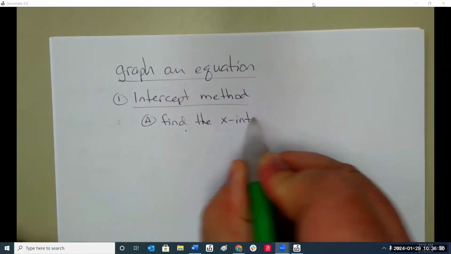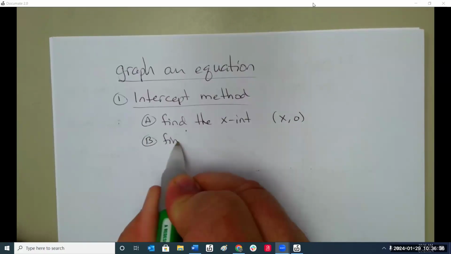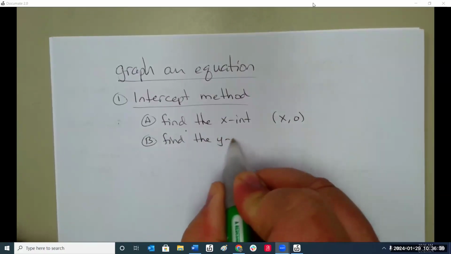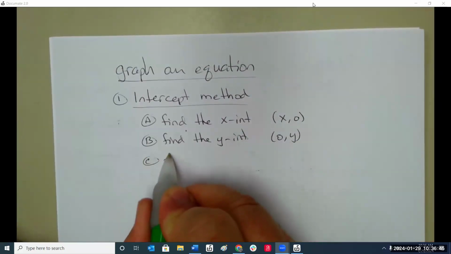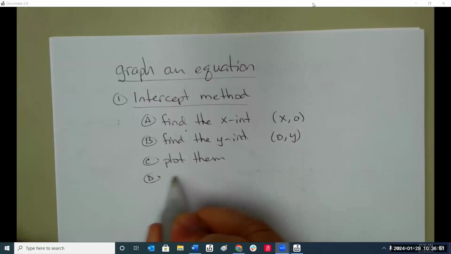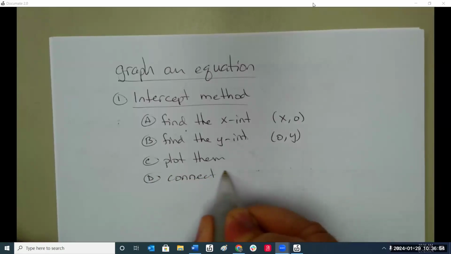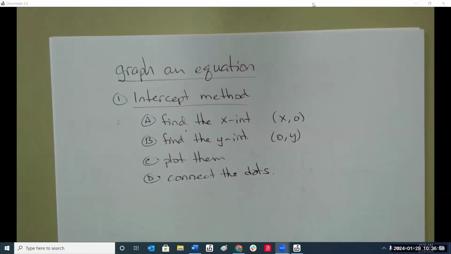Find the x-intercept. Find the y-intercept. Plot them and connect the dots. But this only works if what? These give you solid numbers. If they give you fractions, it's not safe.